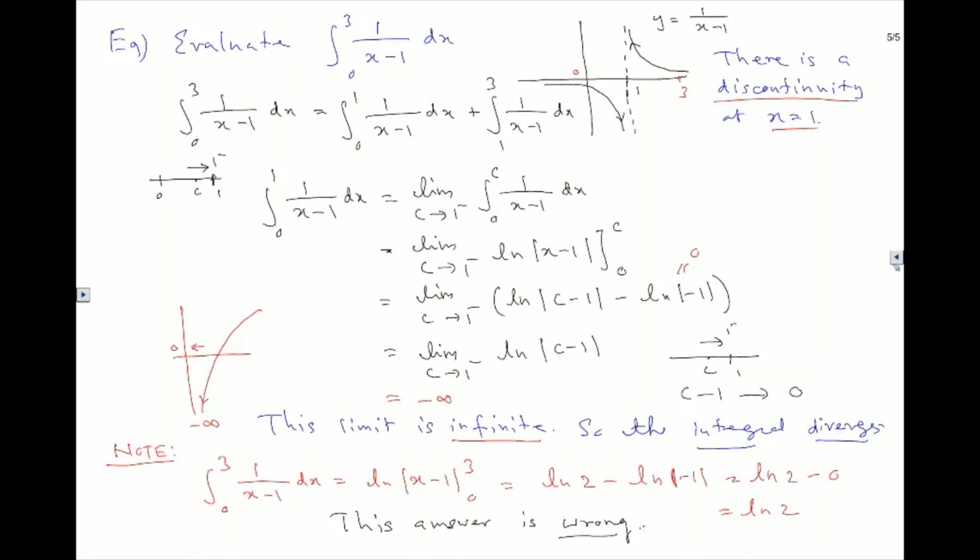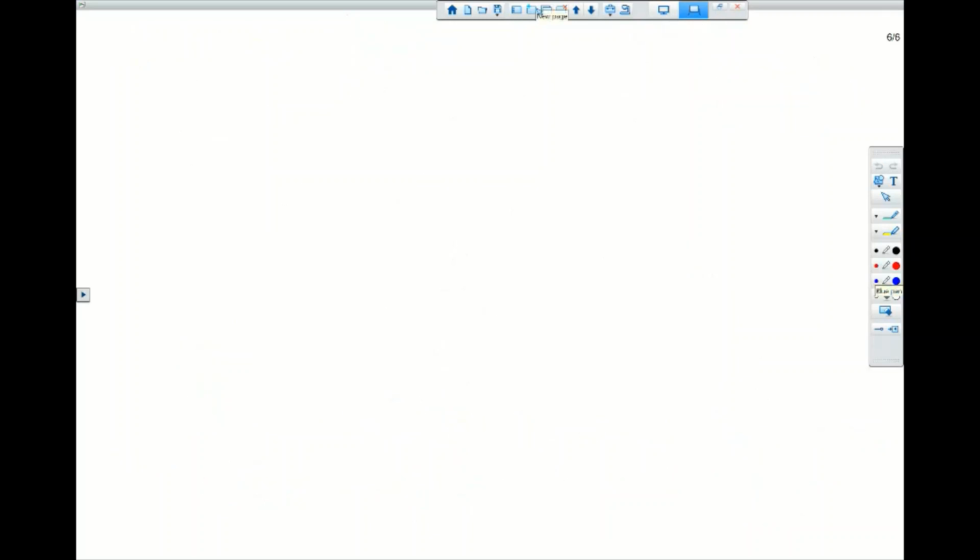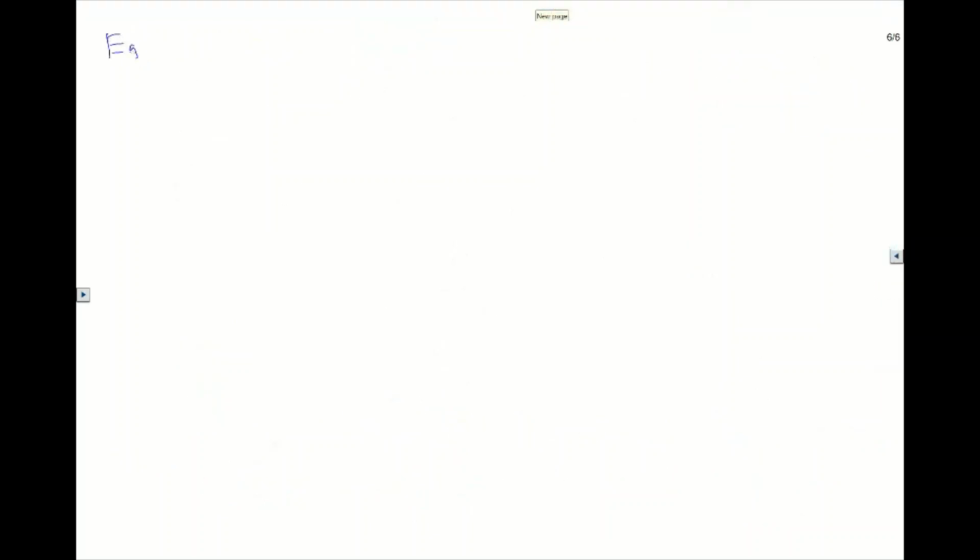So let's look at another example just to exaggerate the point. So the next example, let's say evaluate the integral from 0 to 1 of 1 over x minus 2. So you get a problem like that. So you can see that in this integral there is a discontinuity at 2, but that 2 is outside of the interval.